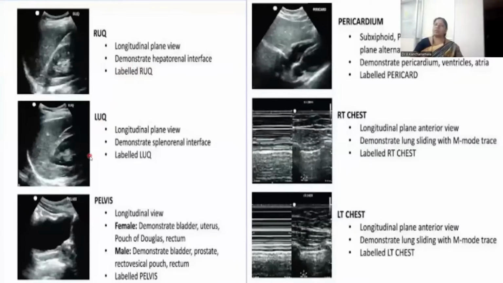In the LUQ, we focus on the splenorenal interface. In the pelvis, it is the pouch of Douglas, labeled as pelvis. In the pericardium, it is the subxiphoid area or the parasternal area, labeled as pericard. And for the right and left chest, we take the longitudinal anterior view, labeled as right and left chest.